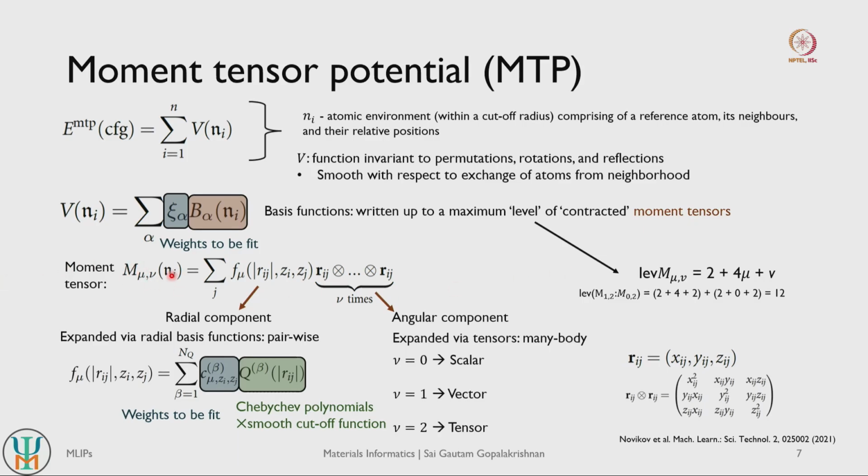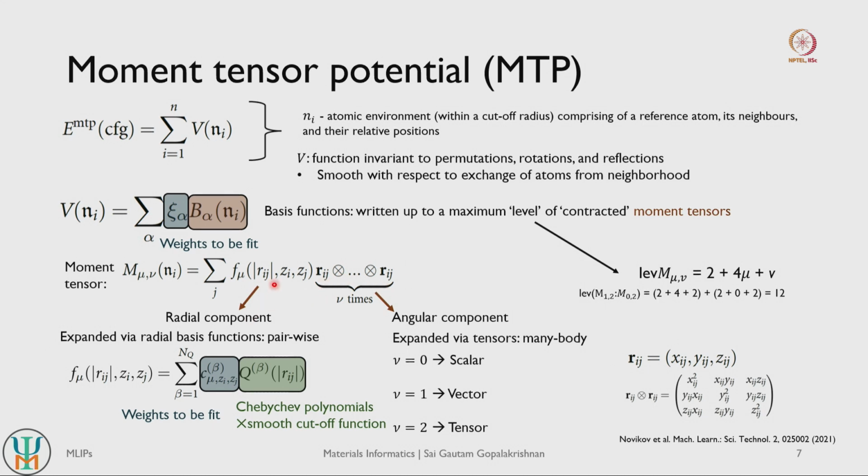For a given atomic environment, we describe our moment tensor as a summation over all the other elements within the sphere of influence of this atom i. We refer to this moment tensor as a product of two terms. One is a radial component, and the other is an angular component.